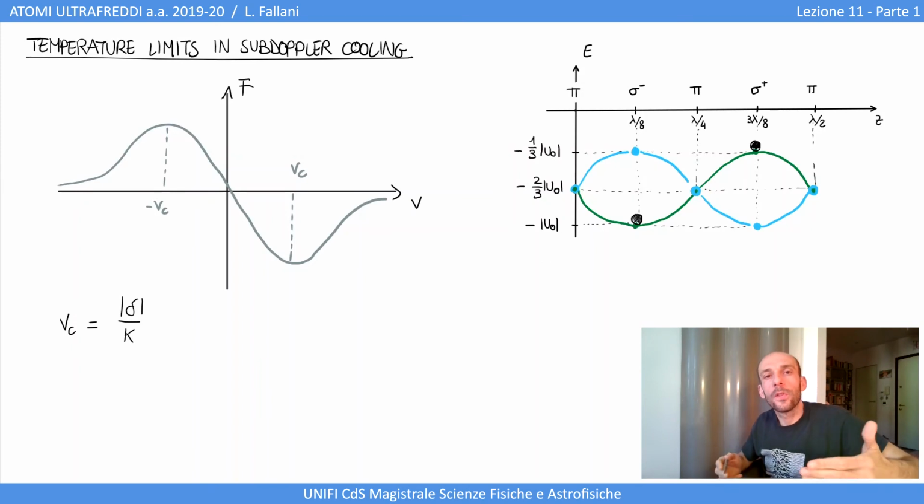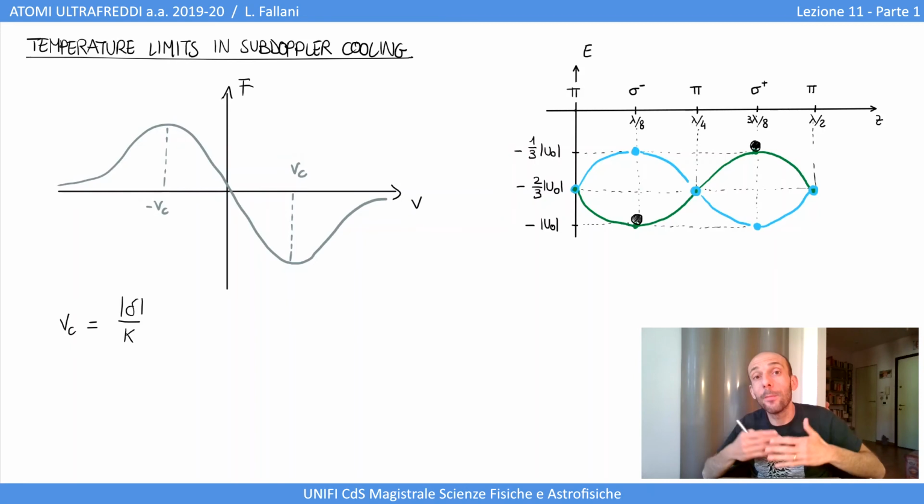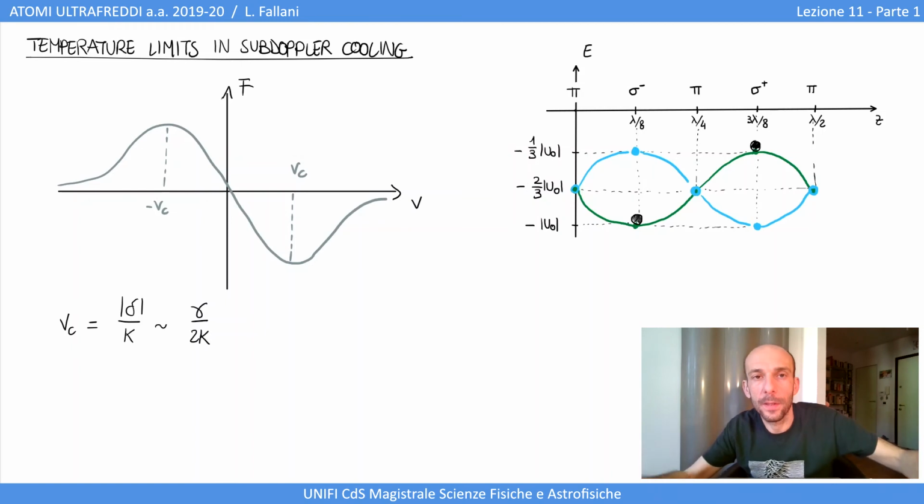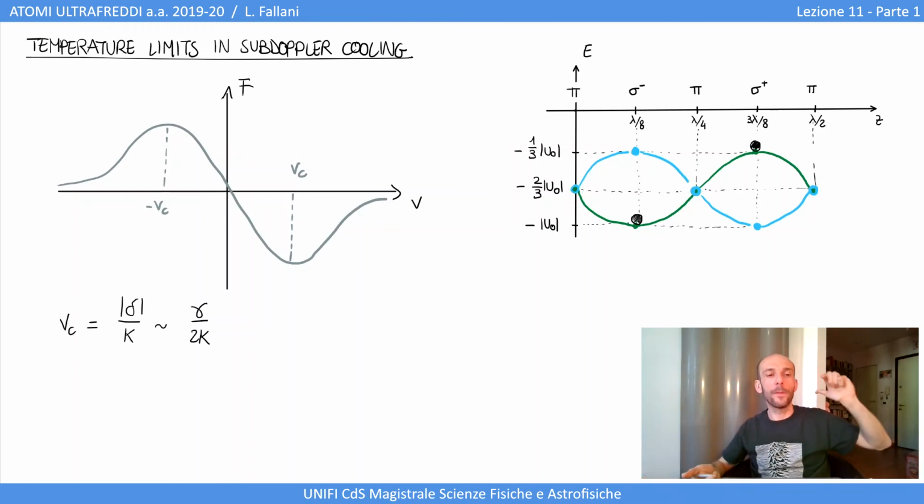We've also seen that for the parameter regime in which Doppler cooling works optimally, the detuning is on the order of gamma. In particular, we considered gamma half as the minimum of the Doppler temperature, so for the rest of this discussion, we can take as the capture velocity for Doppler cooling the velocity corresponding to the best performance, gamma divided by 2k.